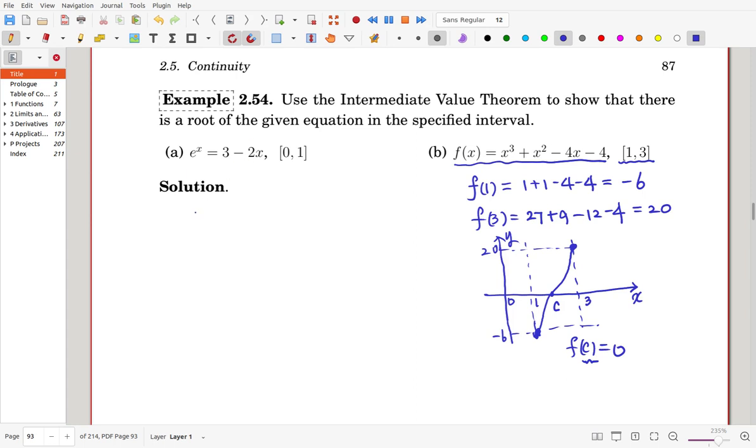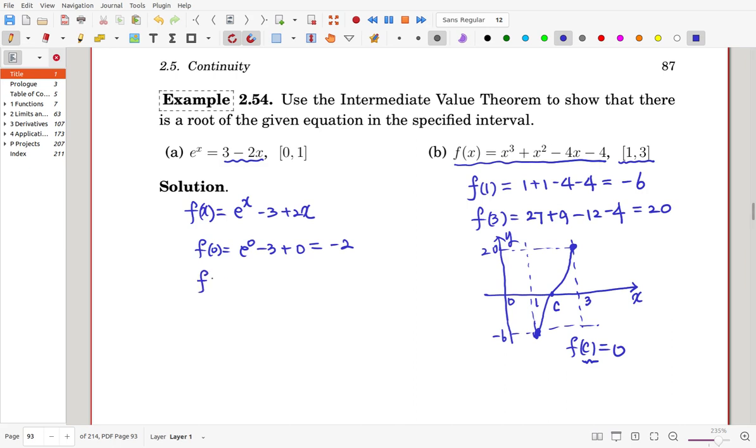This one is not in the form of f(x) equals something, so you can change it into that form. We define f(x) equals e to the x, moving this to the left-hand side, minus 3 plus 2x. Now f(0) is e to the 0 minus 3 plus 0, so that is 1 minus 3, which is minus 2.